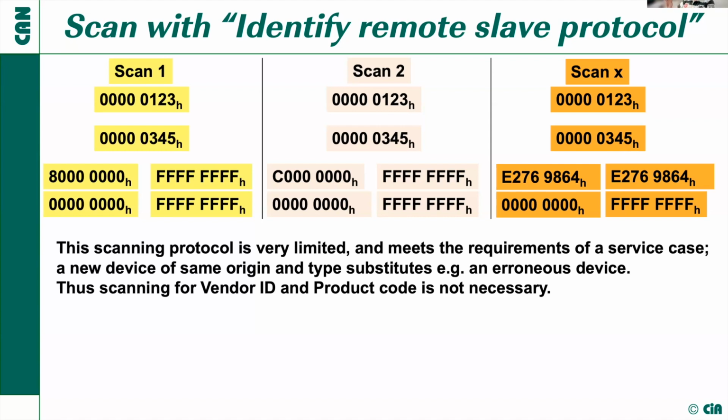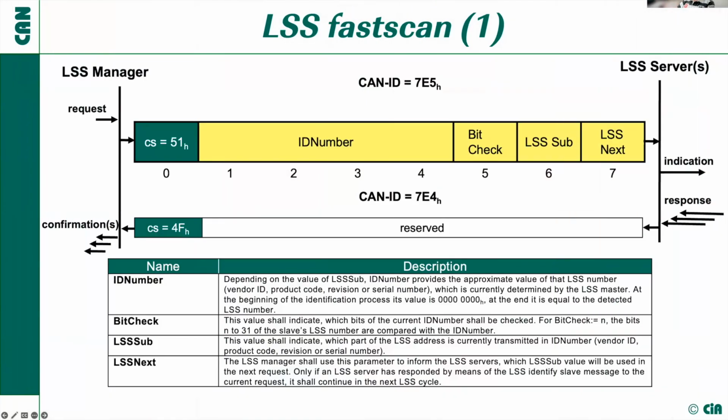So I have limited possibilities to scan for devices, and as soon as I find one, I can store this information, so I don't have to scan another time for such a device, and I can accelerate. But we know now, okay, companies are purchased, so then also the vendor ID will change. This means we need other means for scanning for unconfigured devices.